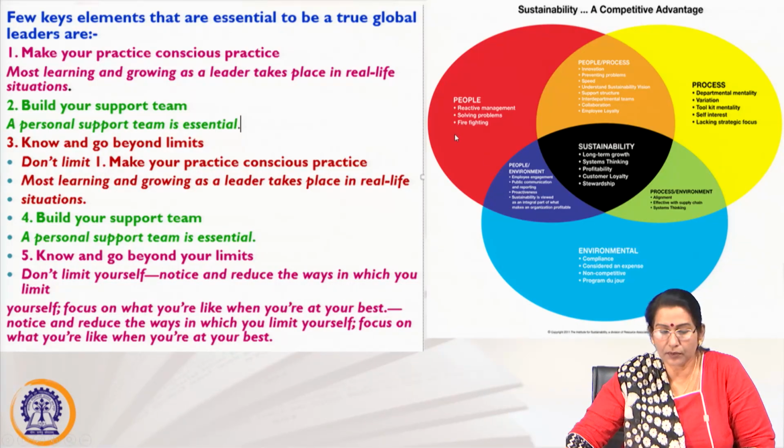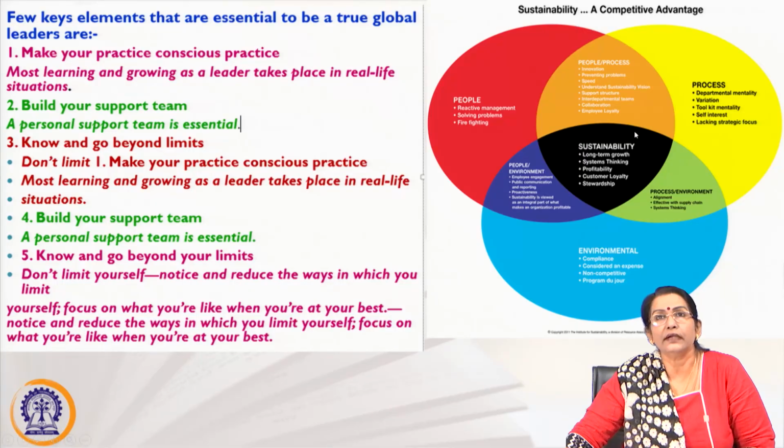Similarly, when the people driver interfaces with the environmental domain, these are the conflicts, dilemmas or issues that emerge, and how to deal with them. Similarly, when environment and process interact with each other, these are the emerging issues, and how to deal with them. So, if you can sort out and resolve all these issues sustainably, then the outcome will be sustainable.